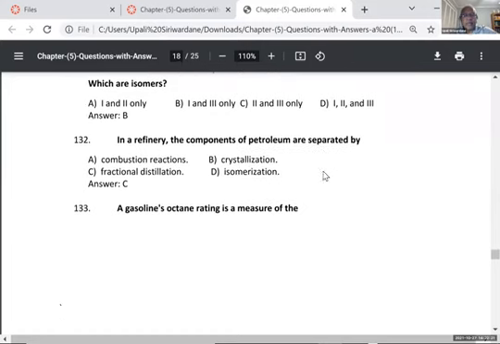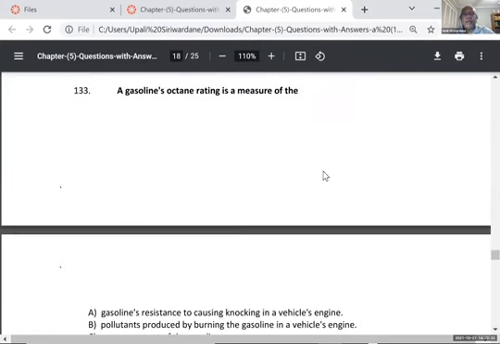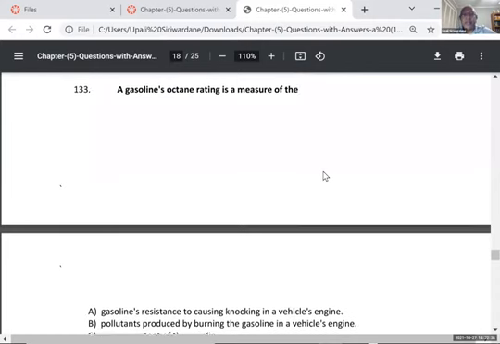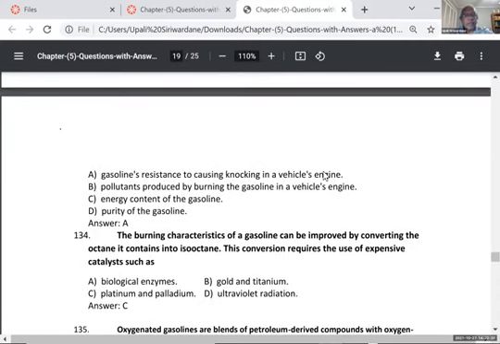C. Gasoline octane rating is the measure of gasoline's resistance to causing knocking in a vehicle engine. You add ethanol, isooctane, and other additives like MTBE.